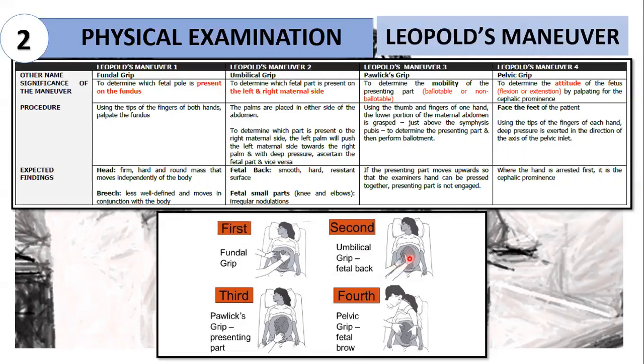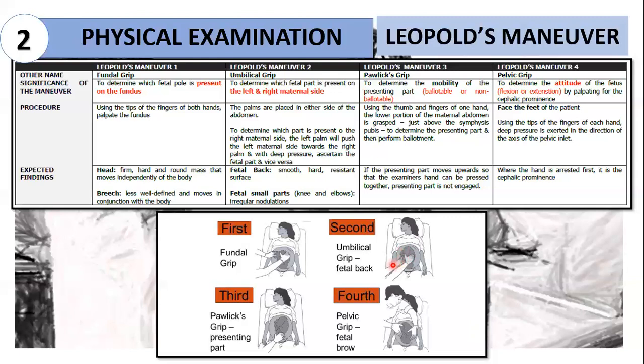And we would determine the fetal back on either left or right side if it is a smooth, hard, and resistant surface. However, if there are irregular nodulations, that represents the fetal small parts.